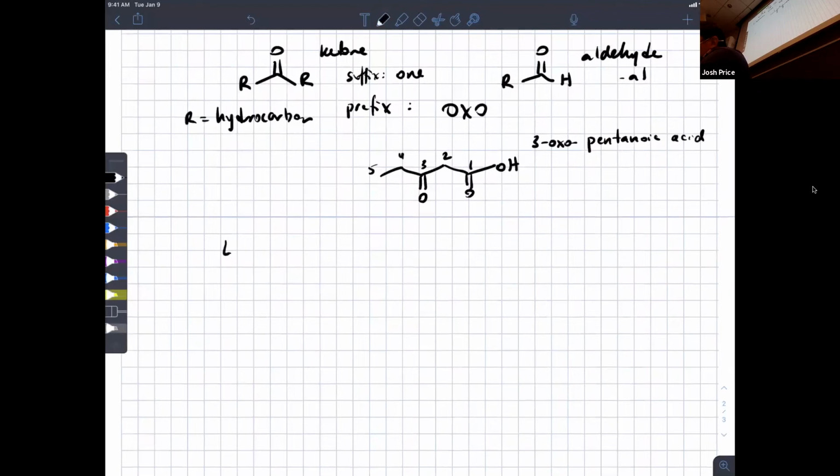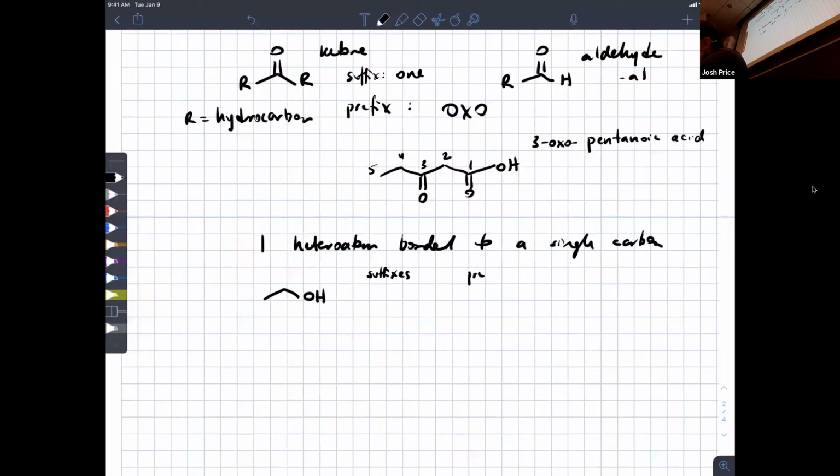Finally, the last group in priority is a maximum of 1 heteroatom bonded to a single carbon. Sorry, in this list are things like alcohols, where it's useful to know suffixes for the very simple molecules and prefixes for the more complicated ones. -ol is the suffix for the alcohol.